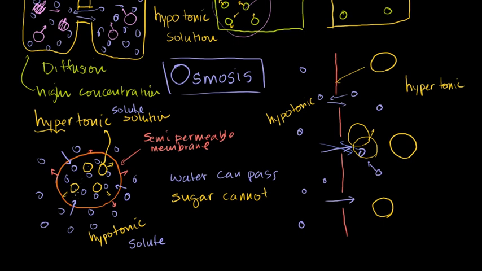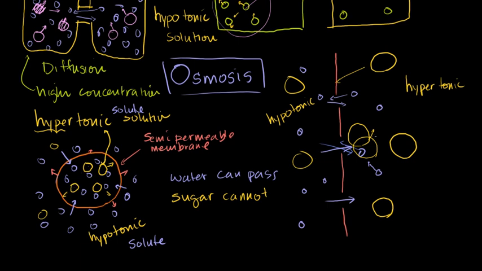Eventually, if everything was allowed to happen fully, you'll get to the point where you have just as high a concentration on this side as you have on the right-hand side, because this right-hand side is going to fill with water and also probably become a larger volume. And then once again, the probabilities of a water molecule going to the right and to the left will be the same, and you'll get to some type of equilibrium.